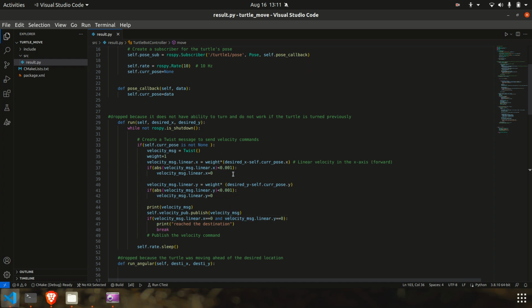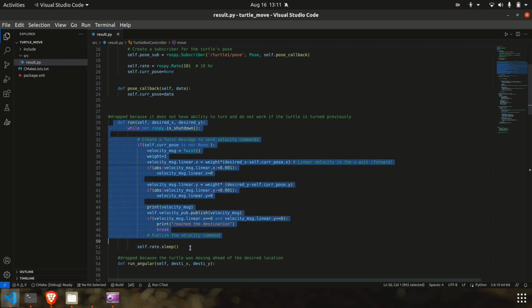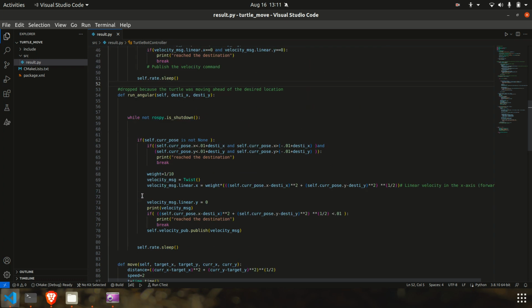The major problem with this was that with many Cartesian points, it was reaching the final point, but then the velocity was increasing and it was running forward without stopping at the final destination. So I dropped the idea of using this function. Then I created these functions. So for this, thank you.